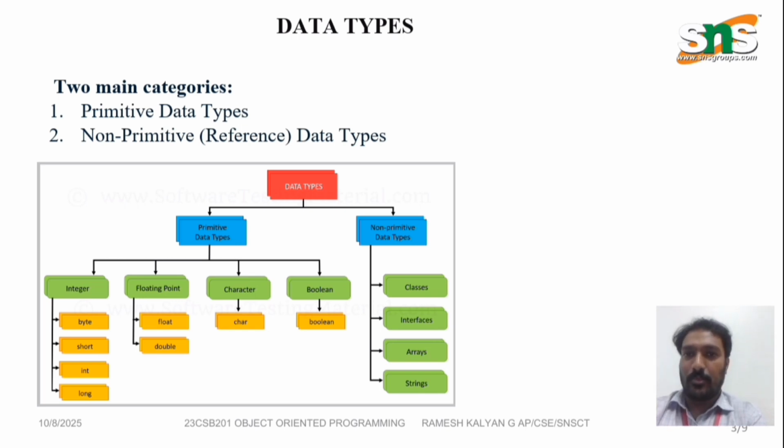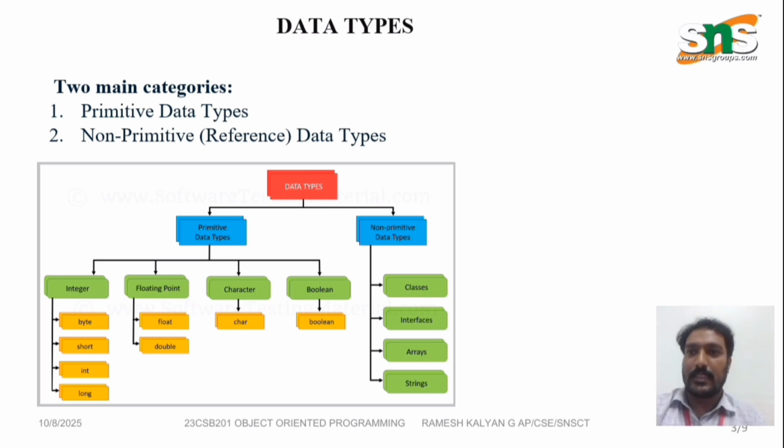And next one is floating point. Floating point is mainly used for decimal values. For example, if you are writing a program in which we need to mention the weight of a particular person, in that case we use floating point, for example 72.8 or 84.6. In this case the decimal values fall under the category of floating point.